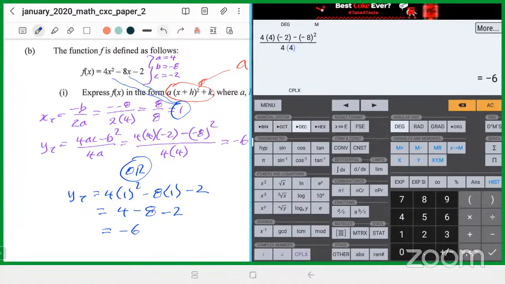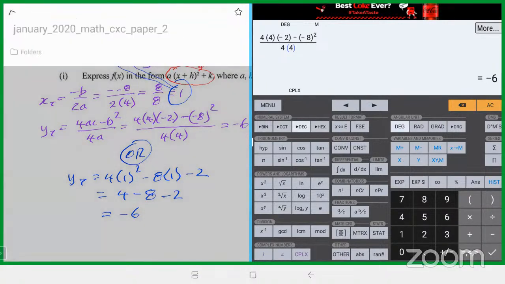It's just that normally when xt comes out to be a fraction, we don't bother putting the fraction in the function to work it out because it's a little bit longer. We just use the formula that time. So anytime xt comes out to be a fraction, use the formula. Anytime xt comes out to be a nice, easy whole number like that, put it in the function.